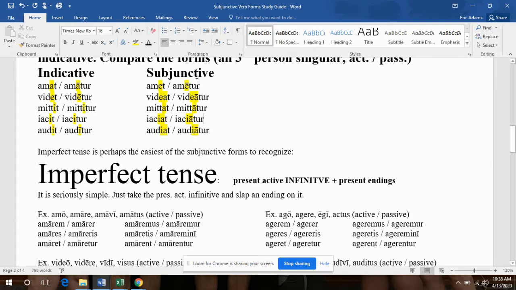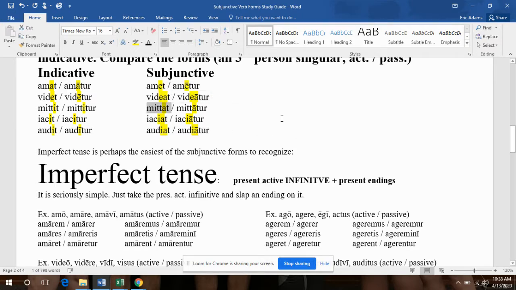Now, of these vowels that you have in the subjunctive, these are the easiest, because an EA can only be a subjunctive, whereas an A here in the subjunctive is that same A that you see in the indicative, just with verbs of different conjugation. Amo, amare, first conjugation; mitto, mittere, third conjugation.